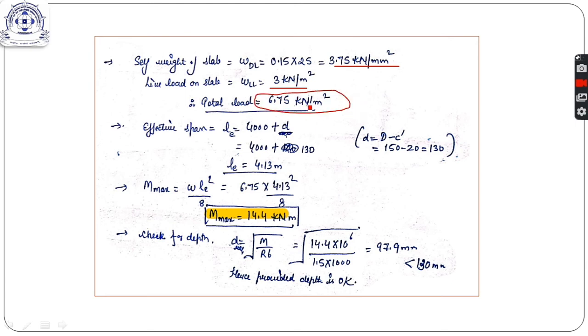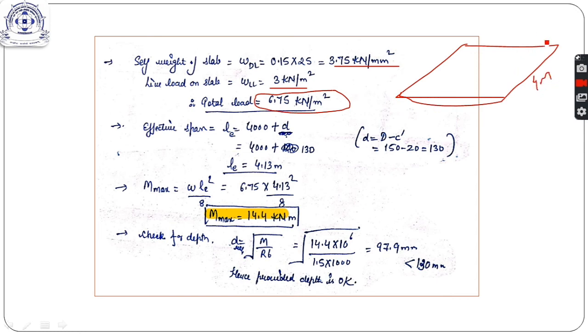Now we calculate the moment due to this load, which is W LE square upon 8, where LE is the effective span, which is the length of the wall plus d. Now here, as you remember, we have a one-way slab, so only the shorter span is designed. So the shorter span is 4 meters.